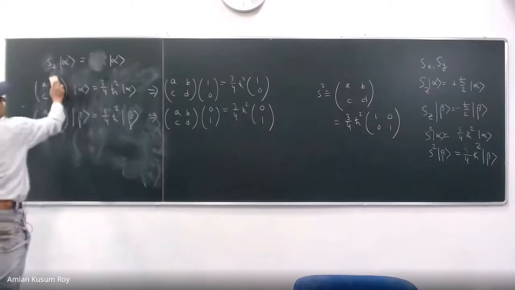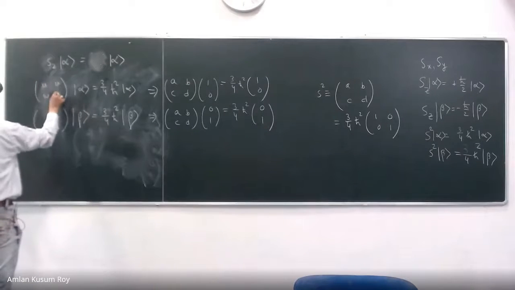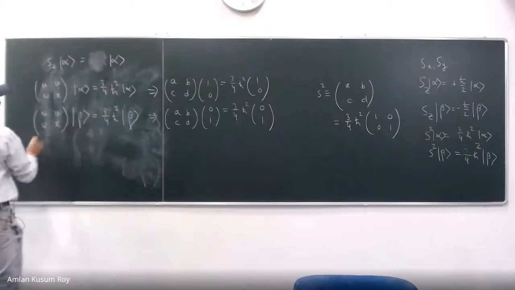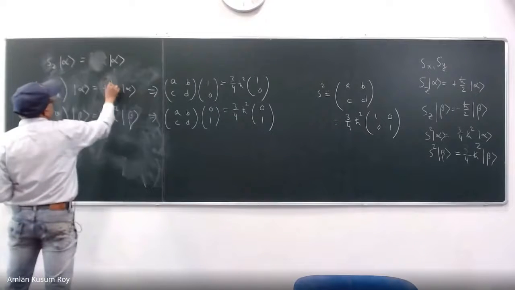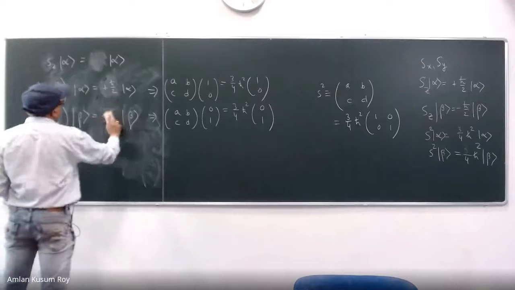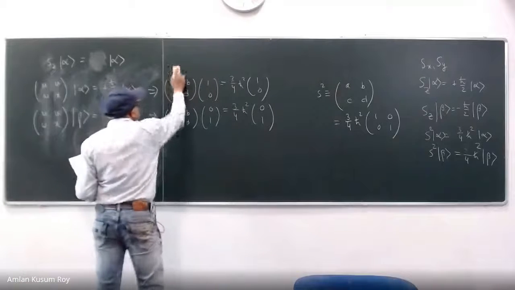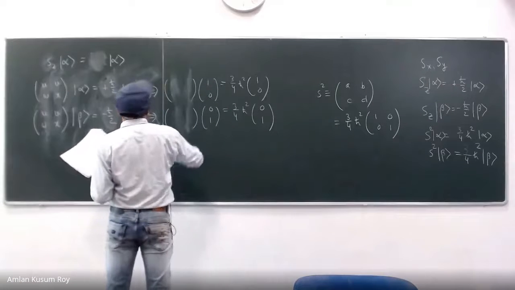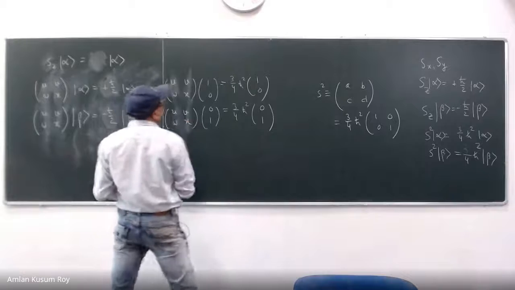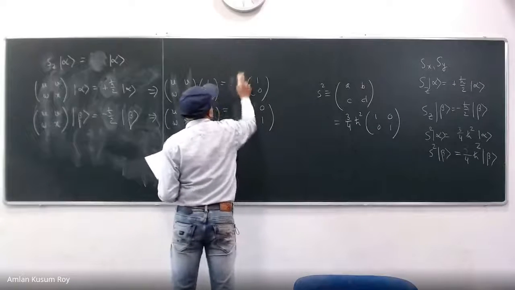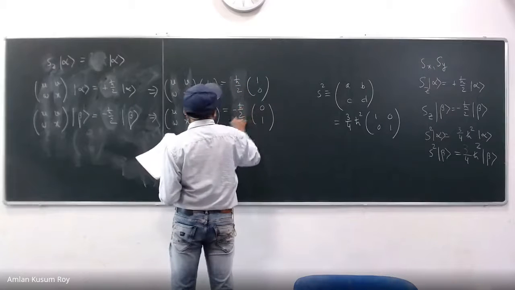So we can write some other matrix, U, V, W, X, times 1, 0 giving H cross by 2 alpha, and U, V, W, X times 0, 1 giving minus H cross by 2 beta.